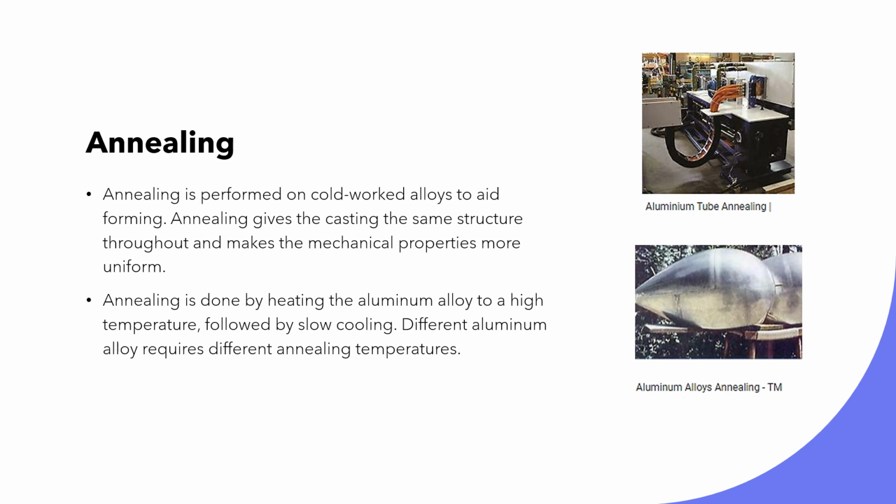Different aluminum alloys require different annealing temperatures, because the composition of the alloy is different, so you have to apply different annealing temperatures. Here you can see some pictures, for aluminum annealing and aluminum alloy annealing.